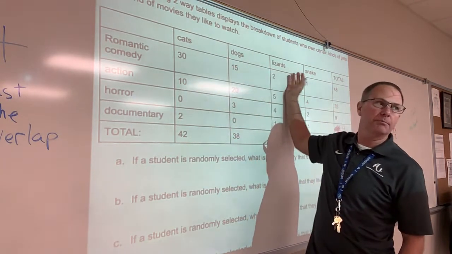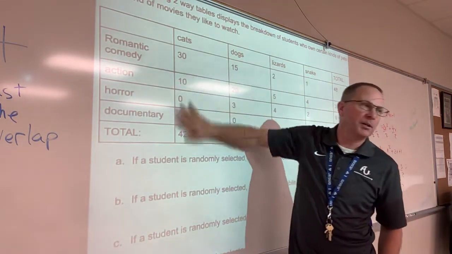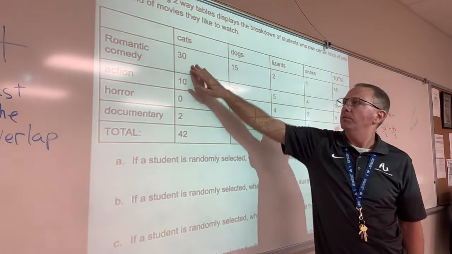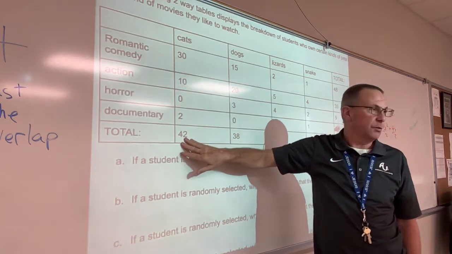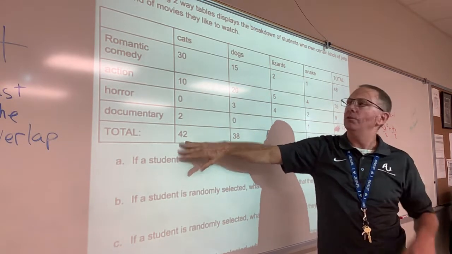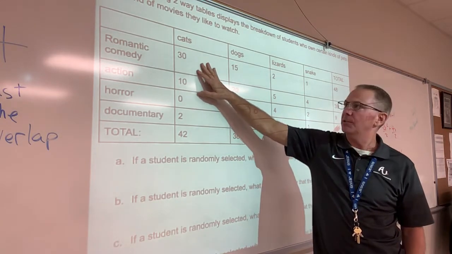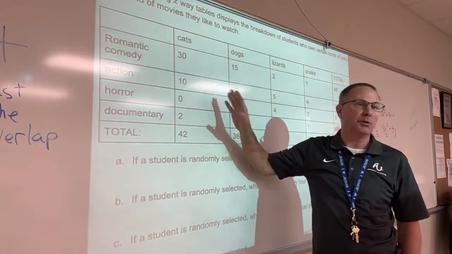I couldn't care less if somebody owns a dog. If you're a cat owner, I'm only talking about you. Out of all the cat owners, who likes romantic comedies? Well, that would be 30 people who own cats out of the 42. So the probability that you own a cat and you like romantic comedies is 30 out of 42. That's just one group of data, and I'm only focusing on that.